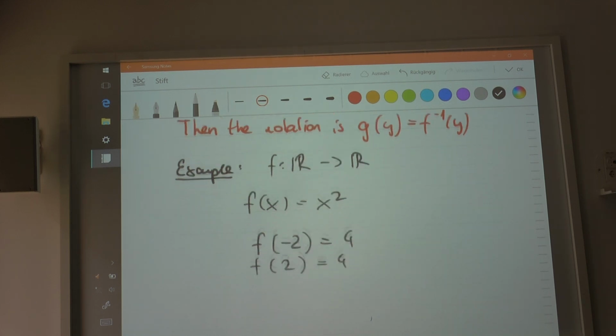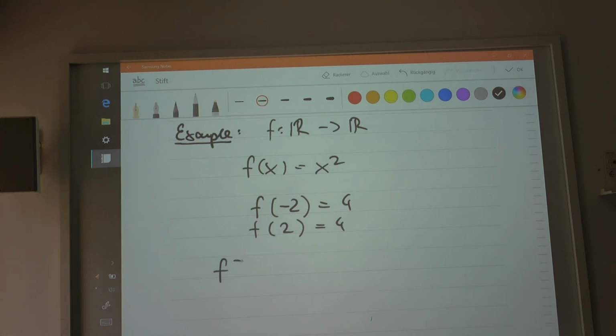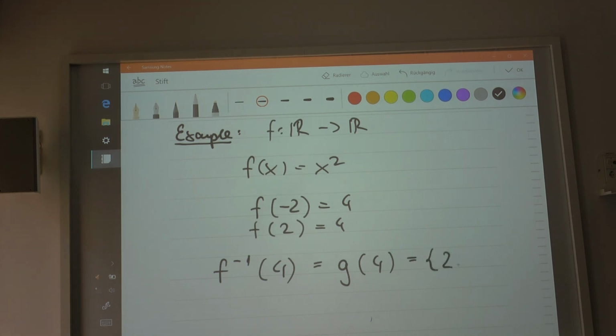Now if we calculate the pre-image of, let's say, the number 4, and if that's the inverse of the function, this would be the function g. So what would g of 4 be in that case? We would get that this is equal to 2 and negative 2 at the same time.